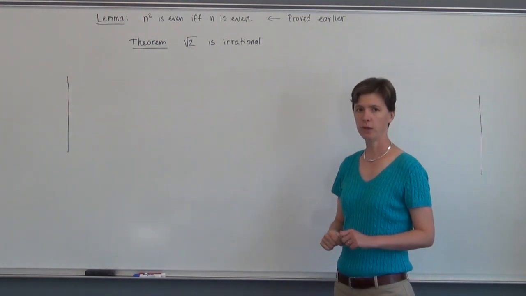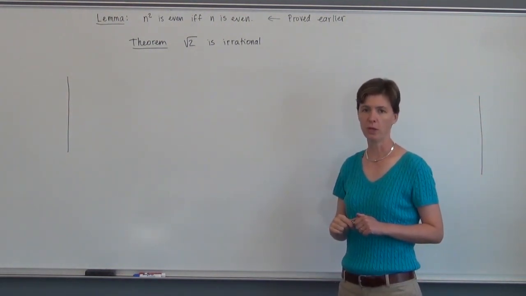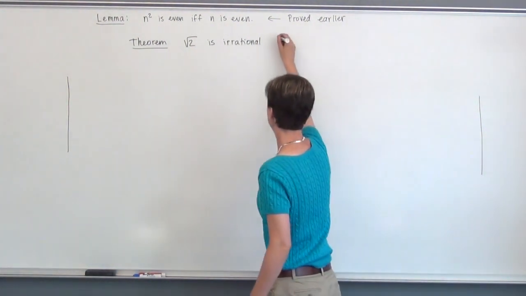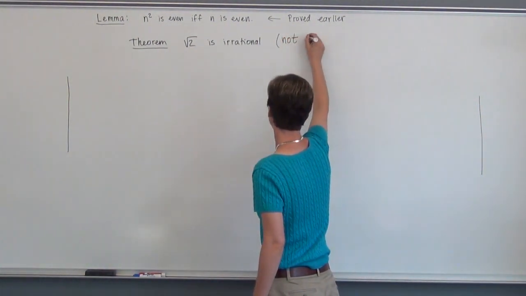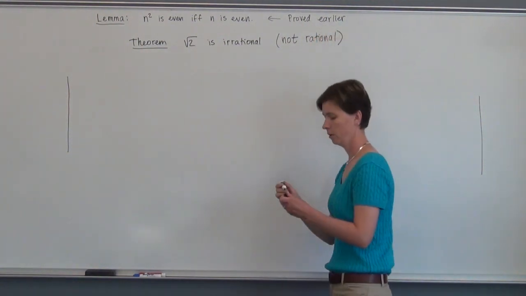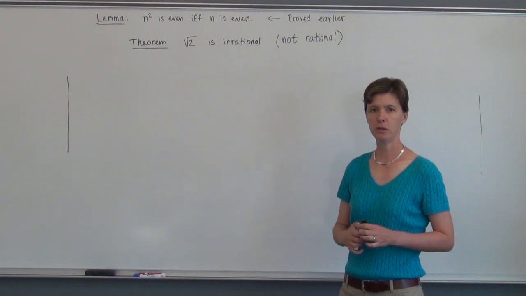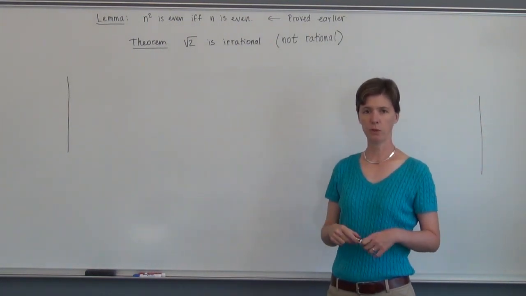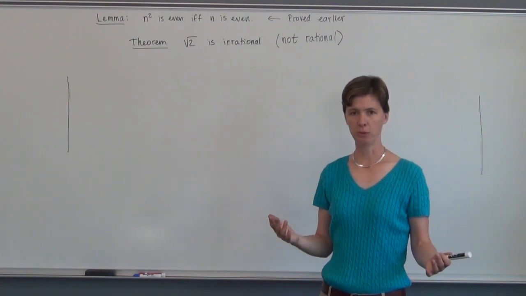Okay, so let's take a look at the statement here. The square root of 2 is irrational. In other words, it's not rational. This statement is a little different from the ones that we have dealt with before, because before we had if-then statements.